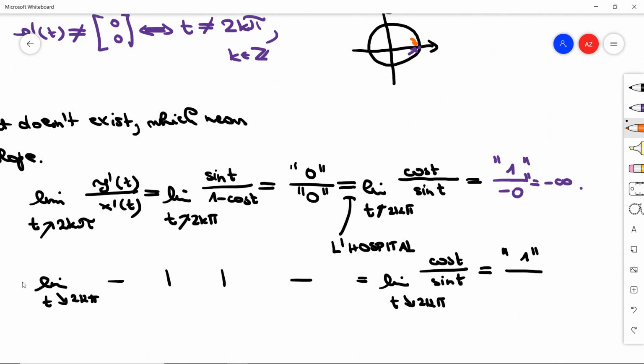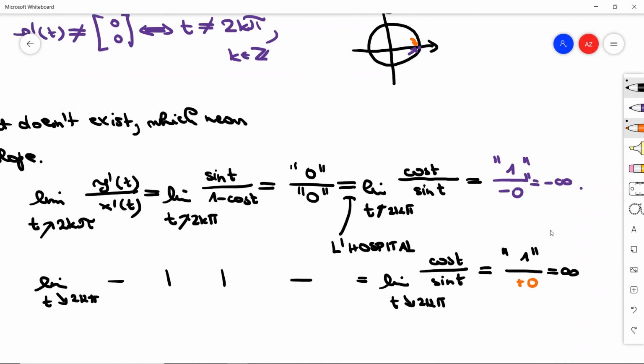So sine will be plus 0, which means that we get infinity. So we got that if the tangent exists, then its slope should be minus infinity, while on the other hand, it should be infinity. So it just doesn't exist.